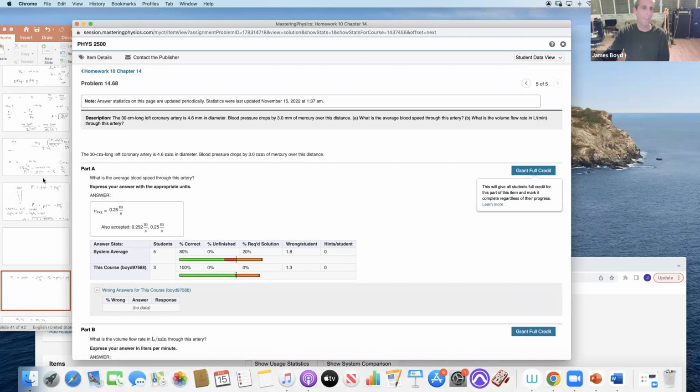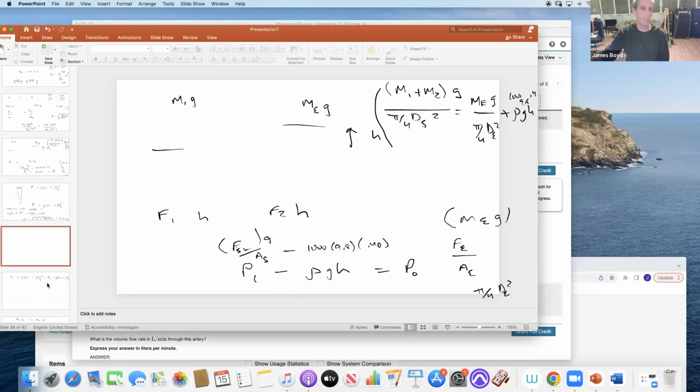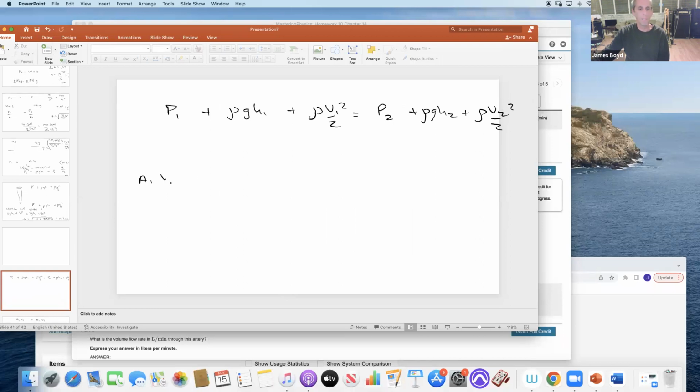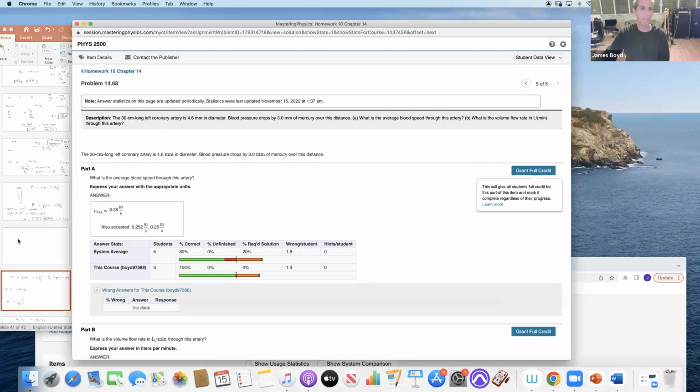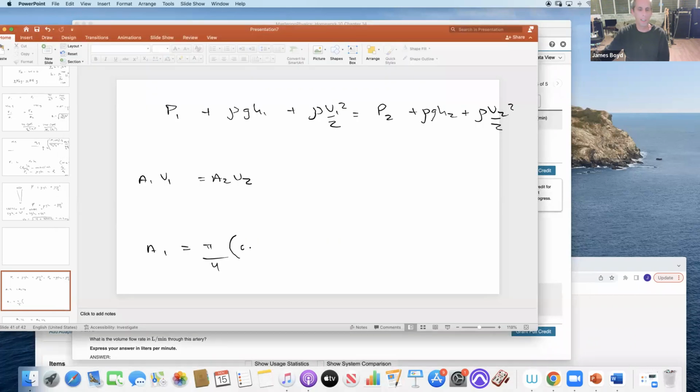Now, 30 centimeter long left coronary artery is 4.6. So A1 V1 is equal to A2 V2, and A1 is pi over 4 times 4.6, so 0.0046 squared. So diameter of top one. I don't know what this one will be.